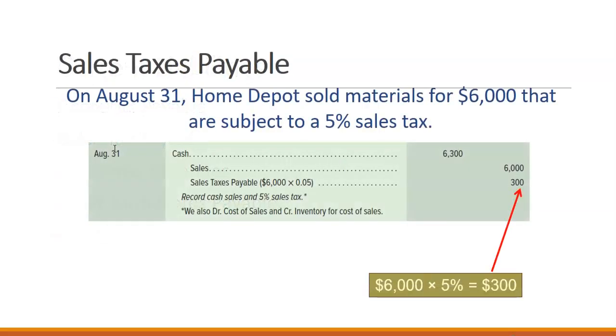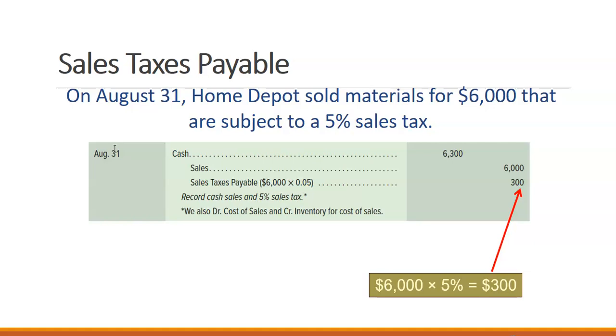One of those is sales tax payable. If we sell inventory or services as a company, we are responsible for collecting the sales tax amounts on those. Then we're responsible for paying the state for those sales tax amounts that we collected. So we can see here that in this transaction, we have a 5% sales tax that we collect.